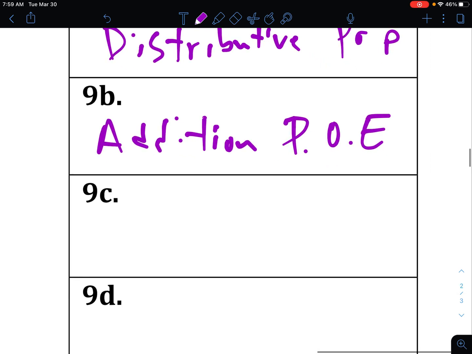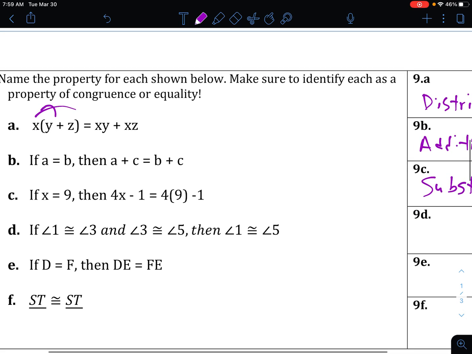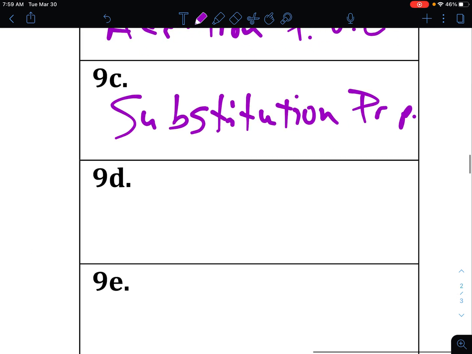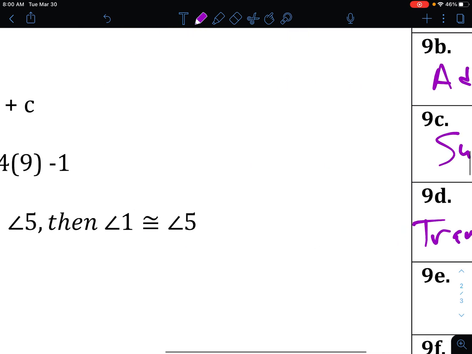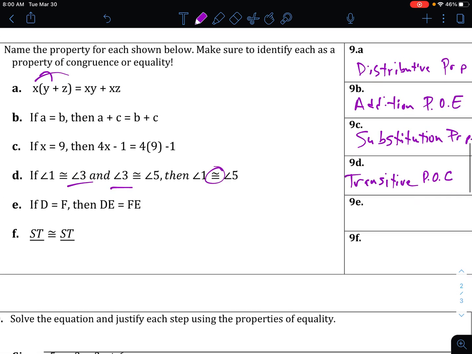That's all we did is plug it in, so substitution. If 1 is congruent to 3 and 3 is congruent to 5, 1 and 5 are congruent, that is what we call the transitive property of congruence. Oh, yeah, that's the congruent symbol, so it'd be property of congruence.